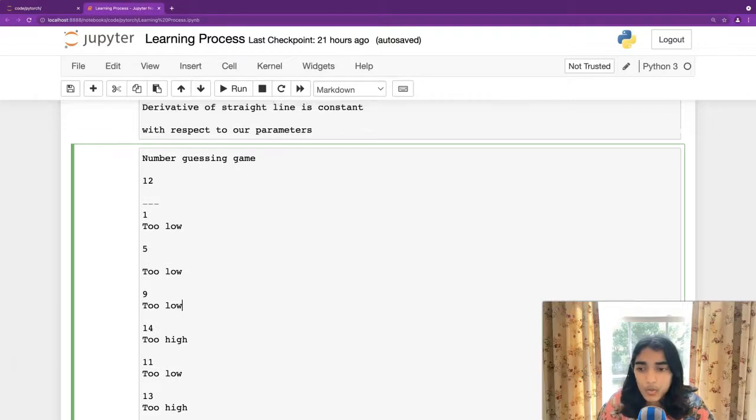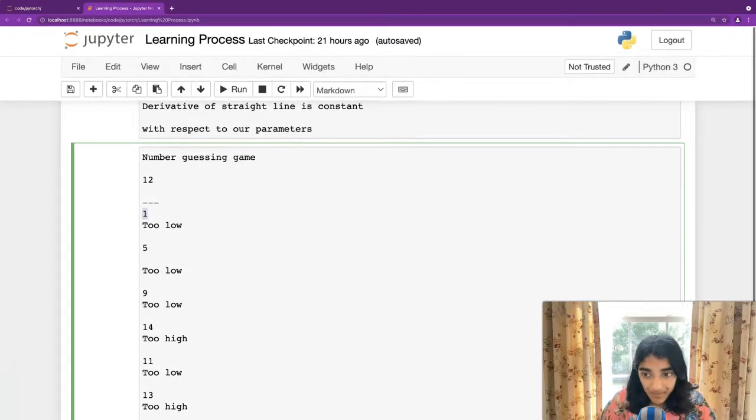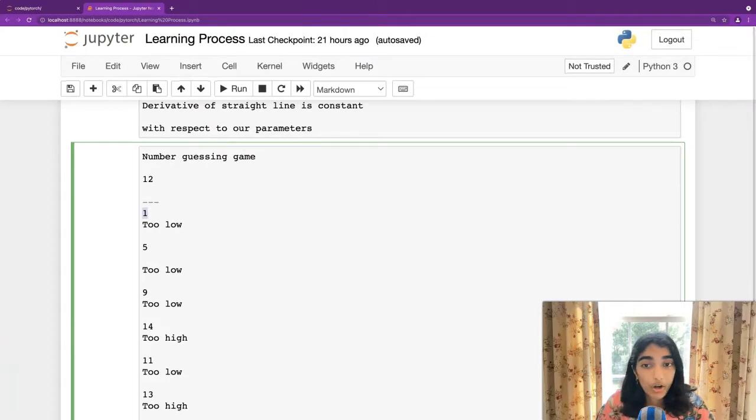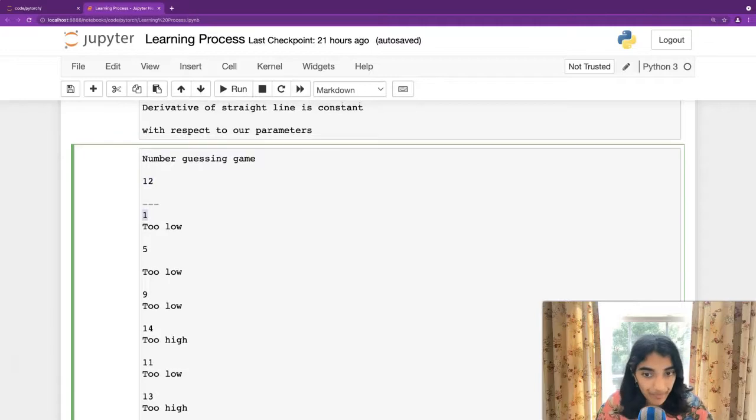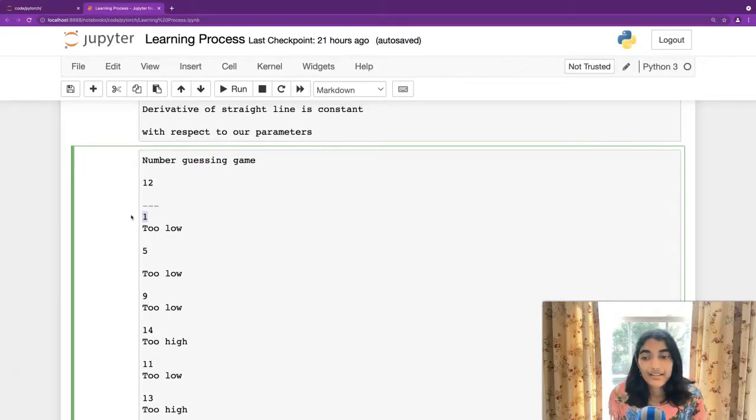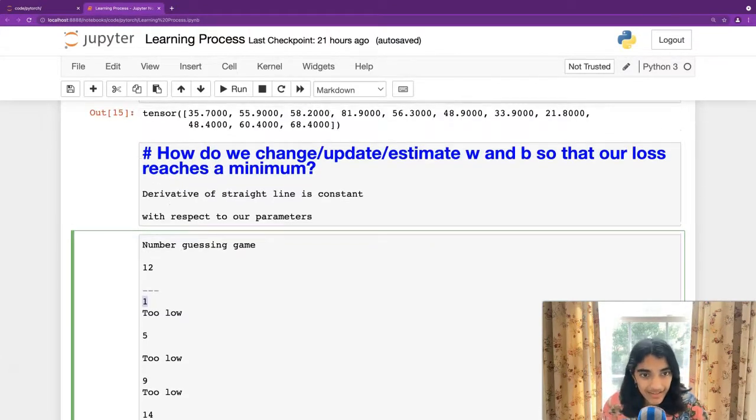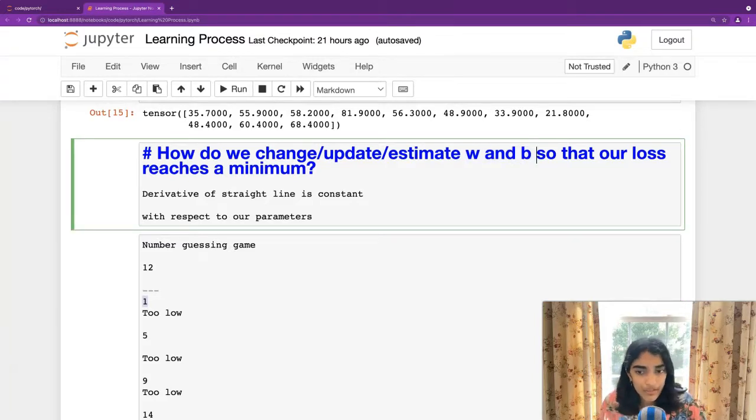So we took a look at 1, which was our prediction. We took a look at the actual value, and we checked out the difference between the two. Based on that difference, although this number guessing game isn't exactly the same as this W and B, it goes along the same lines.